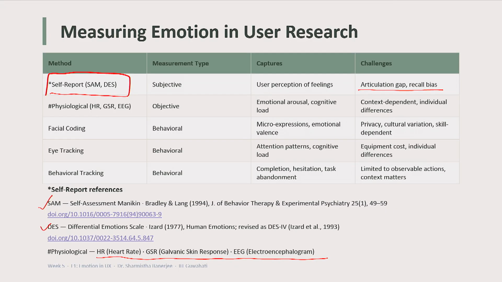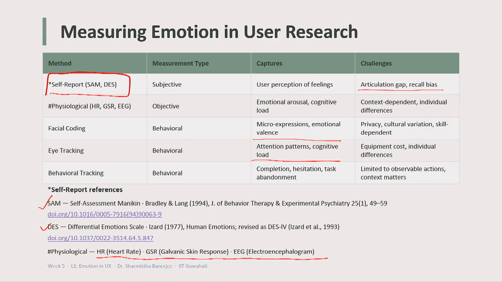Then comes facial coding, which is again measurement of behavior. What I try to see is micro expressions, emotional balance. And the challenges over here are privacy, cultural variation, and that it is skill dependent. Then comes eye tracking. Eye tracking is very interesting.